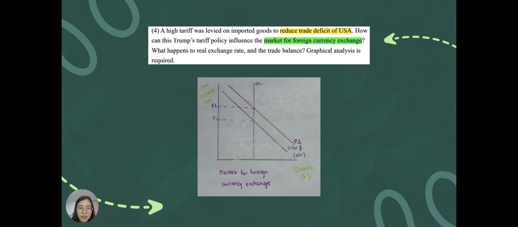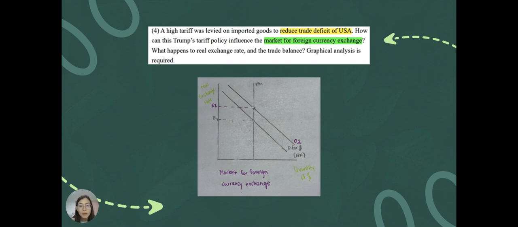Well, a trade restriction such as tariffs or quotas on imports is believed to increase net exports for any given exchange rate. Because net exports is exports minus imports. We reduce the imports because now that we have tariffs on imports, it's more expensive for Americans to buy these products. So now we have less imports, and therefore we will have more net exports.